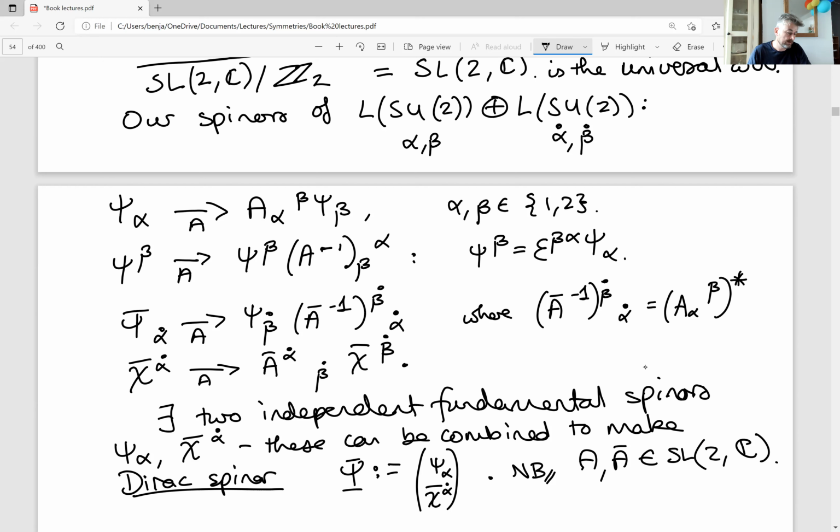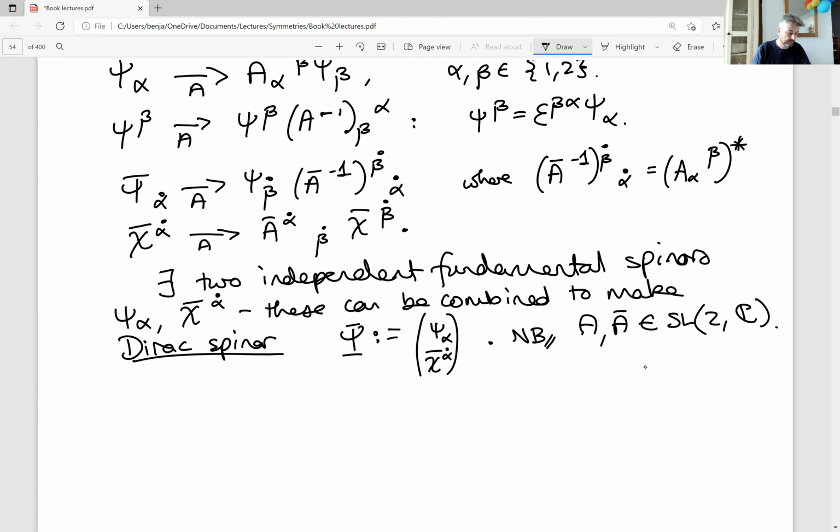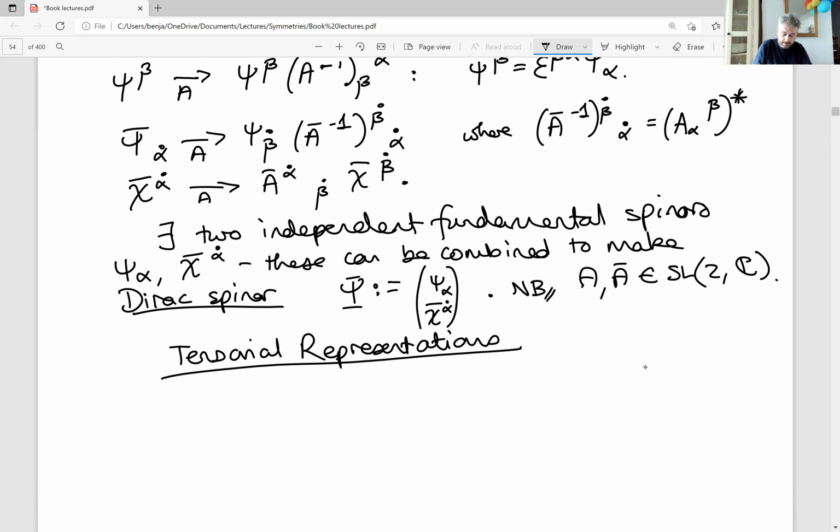Okay, so how do we consider representations made out of tensors, and how do they transform under the Lorentz group? Well, we have the following invariant tensors.